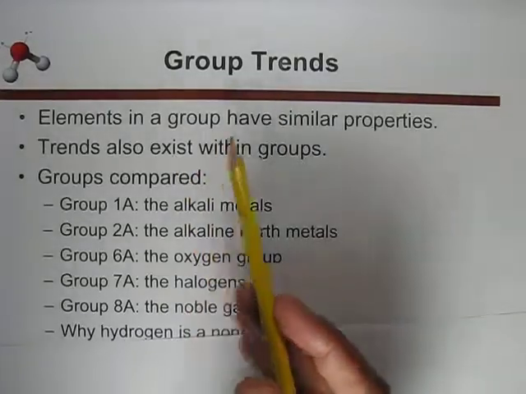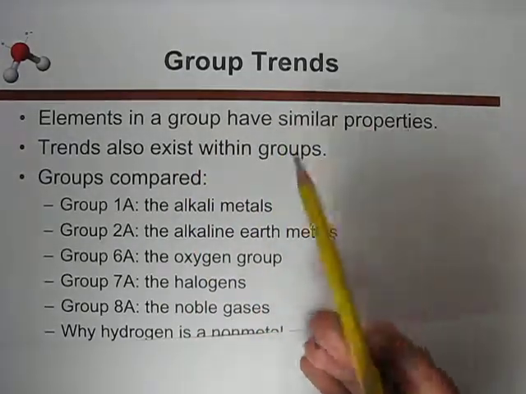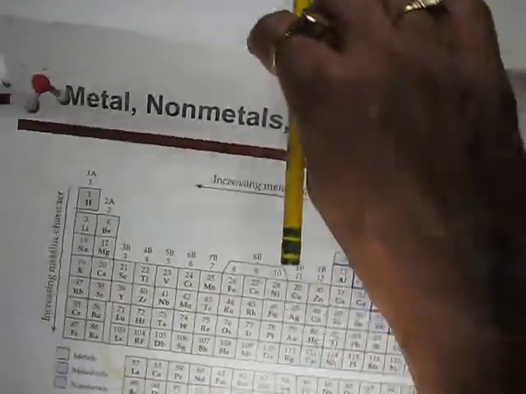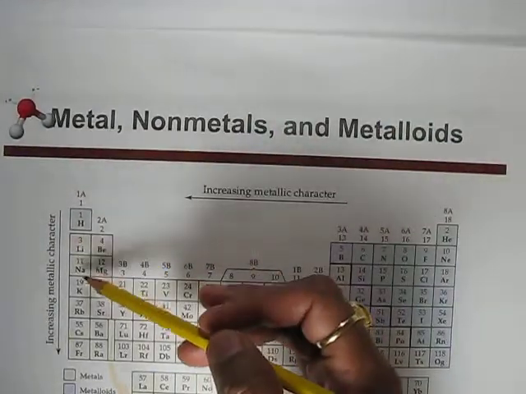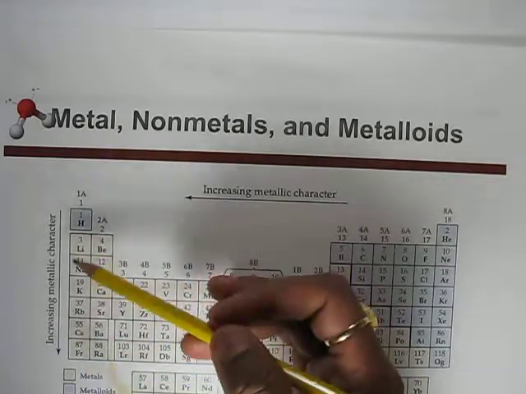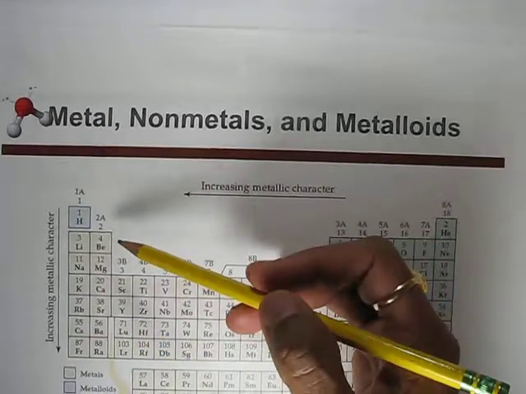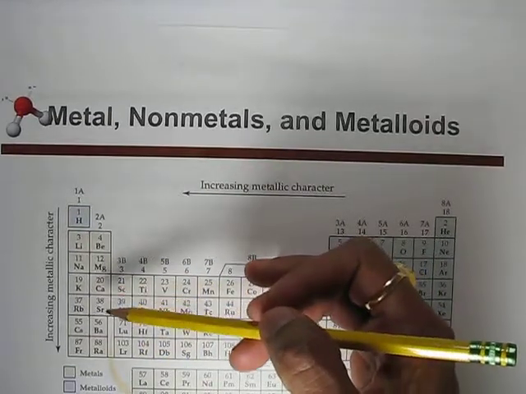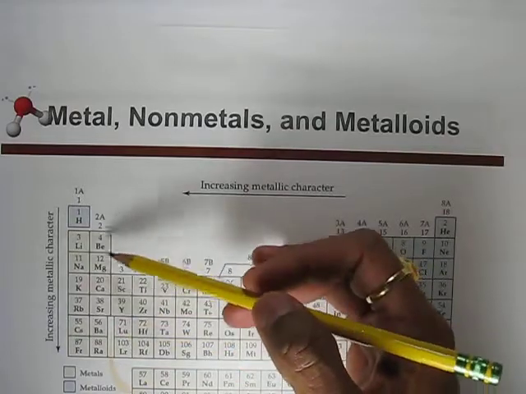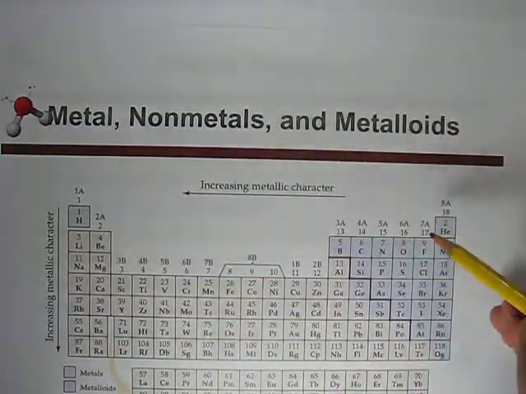Elements in a group have similar properties if they are in the same group. For example, hydrogen, lithium, sodium, potassium, rubidium, cesium, francium are all in the same group, so they have similar properties. Beryllium, magnesium, calcium, strontium, barium, radium also have similar properties.